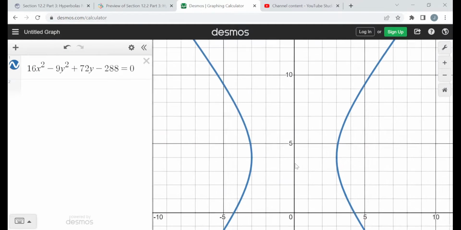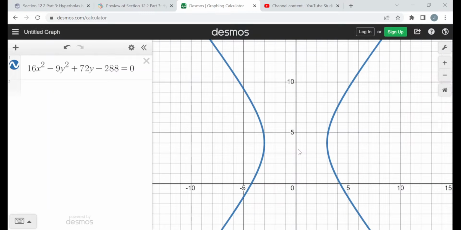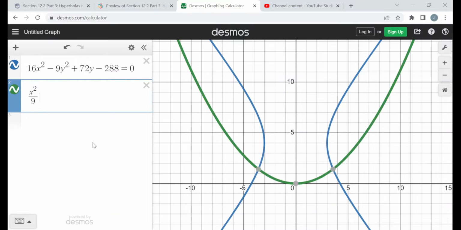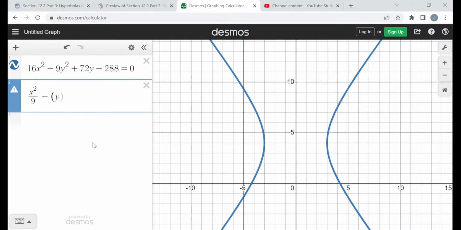And you can see the hyperbola. You can hopefully see the two branches of the hyperbola here. Then the equation we changed it to was x squared divided by 9 minus the quantity y minus 4 squared divided by 16 equals 1.